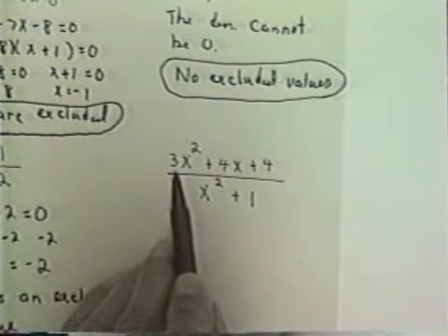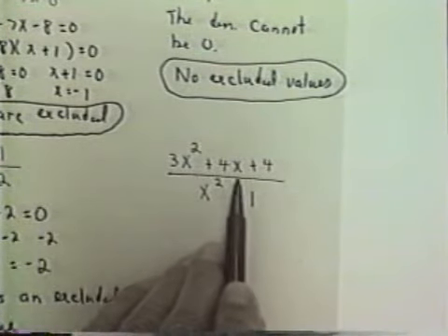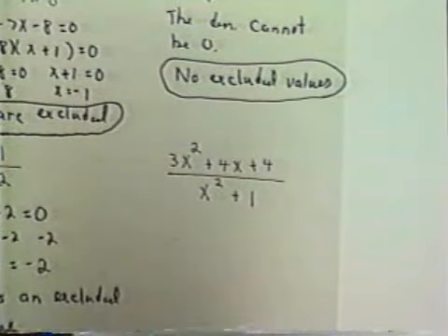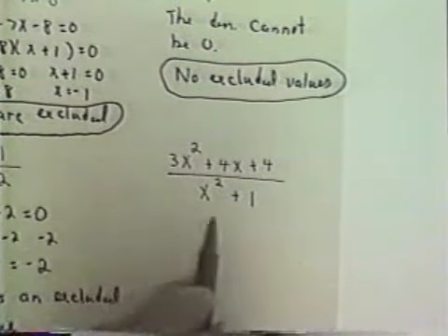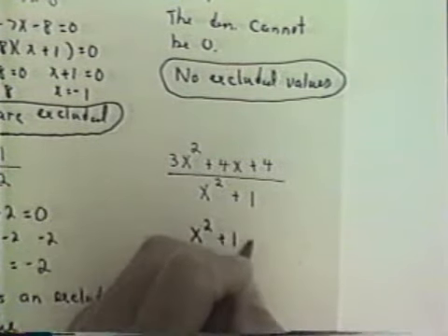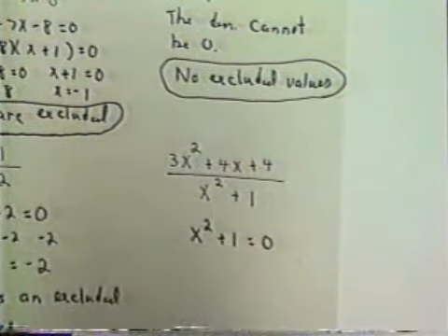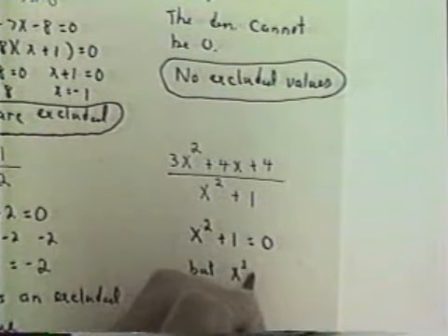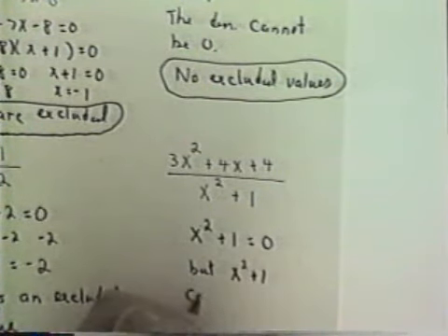Finally, let's look at 3x squared plus 4x plus 4 divided by x squared plus 1. To find the excluded values, we set the denominator equal to 0. But x squared plus 1 cannot be 0.